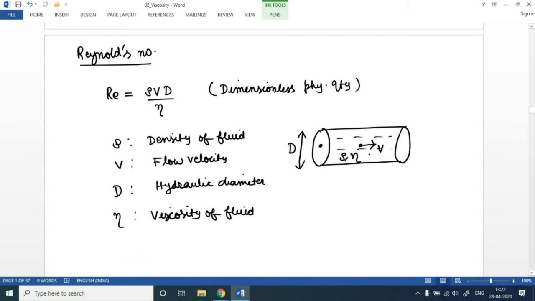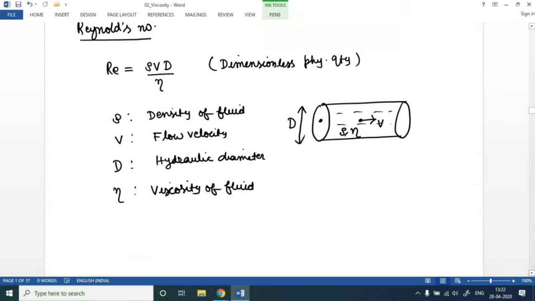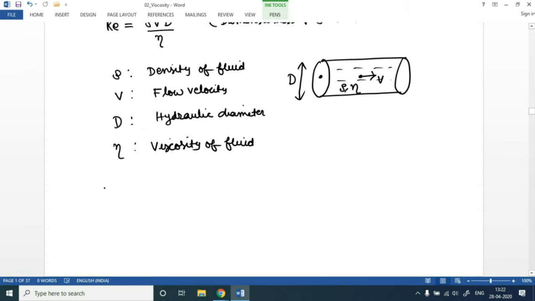Depending upon these terms, we will be able to find its Reynolds number. So what is the use of a Reynolds number? That is basically to find out the pattern of flow.